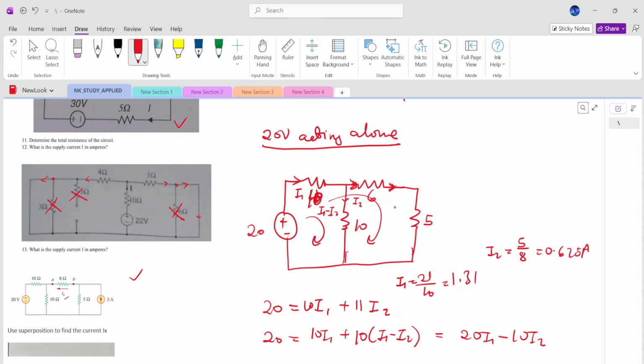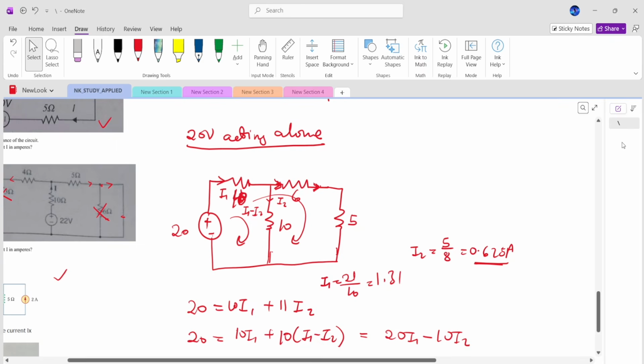So the contribution of the 20 volts source to the Ix is going to be this value, 0.625 amperes. Then for the contribution of the current source, let's look at the current source acting alone.